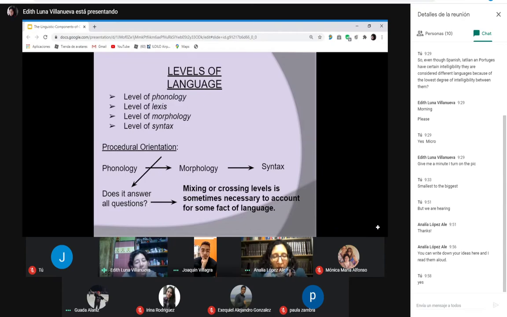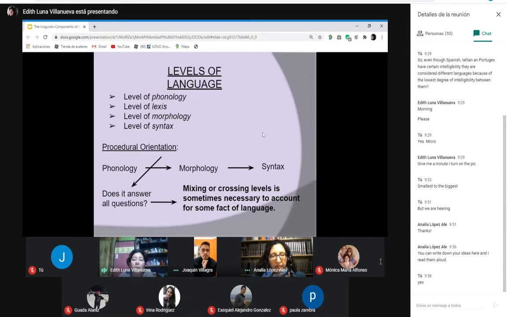The thing is that there are instances of contrasting that are not going to be answered from the phonology, morphology, or, well, lexical or syntactic perspective. Probably what takes place in a language is realized from a phonological perspective, but in another language, it's realized from a syntactical one.